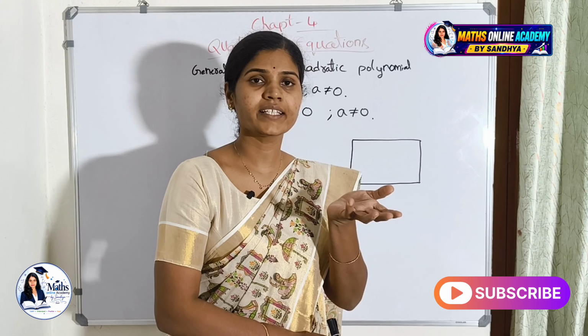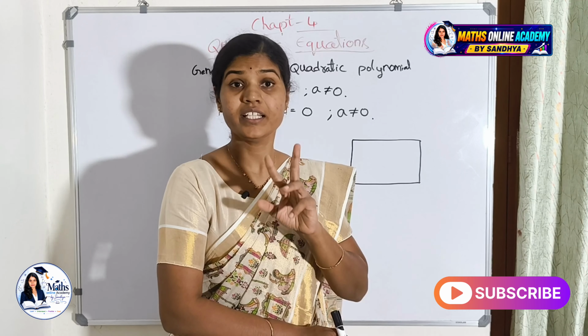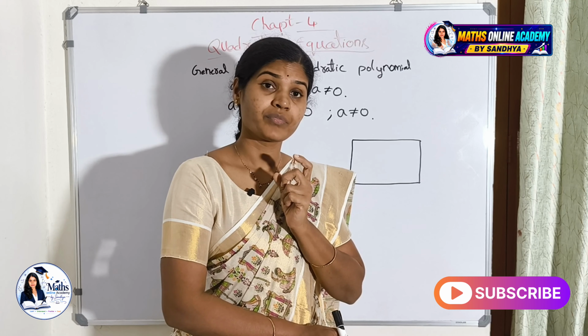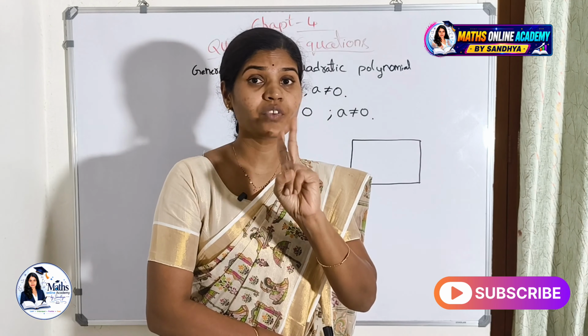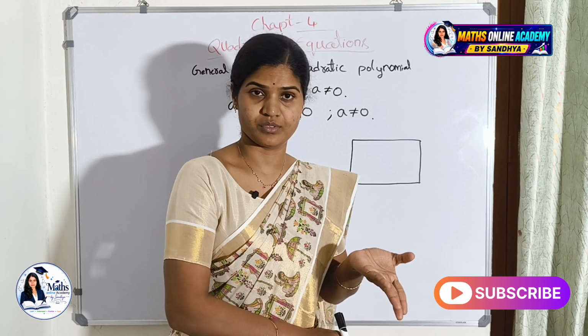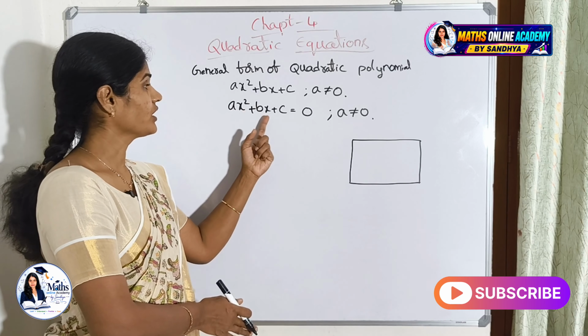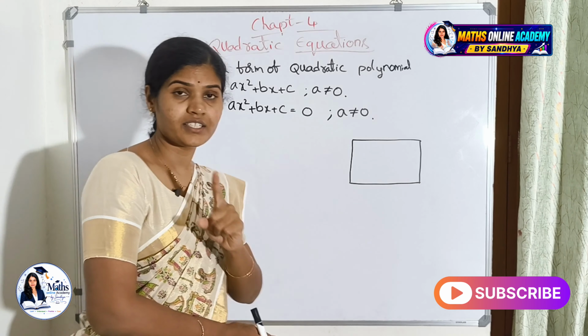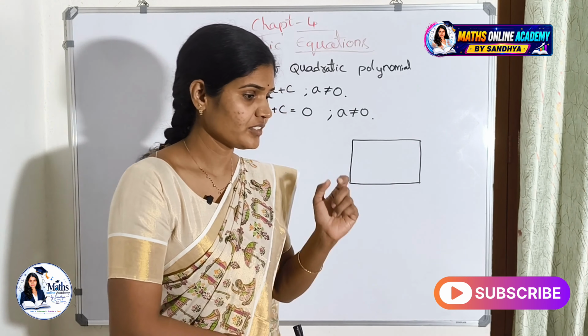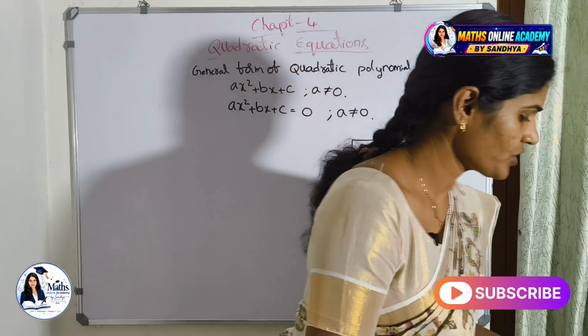You can't take two separate equations. In a pair of linear equations, they compulsorily need two different variables. In a quadratic equation, there is only one variable. That is the difference.